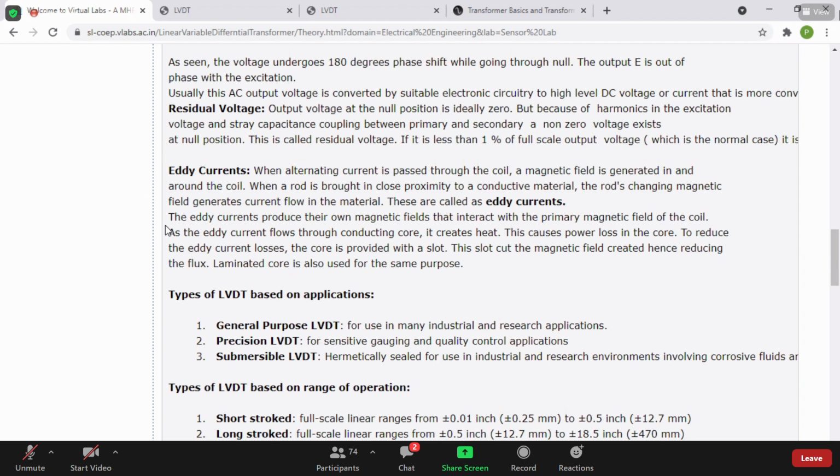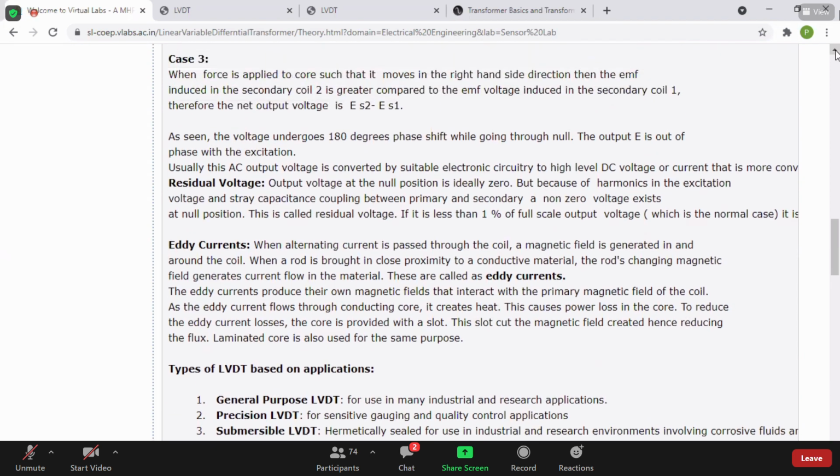Scroll up. Here we have residual voltage. Read the definition. Output voltage at the null position is ideally zero. Exactly at the middle position, that is called the null position, because the output is 0.